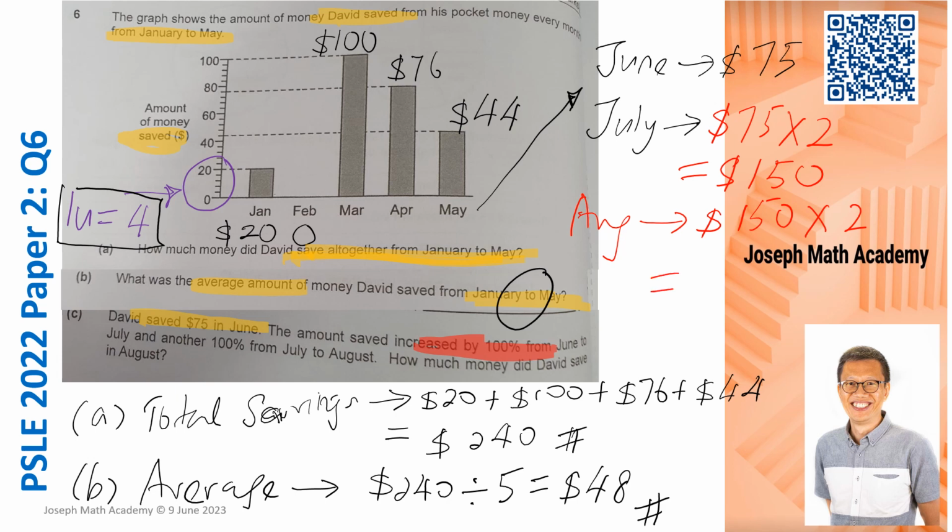When it's doubled again, it becomes $300. So how much money did David save in August? This is the answer for part C. Increasing by 100% means the value is doubled. All right, so question 6 is completed.